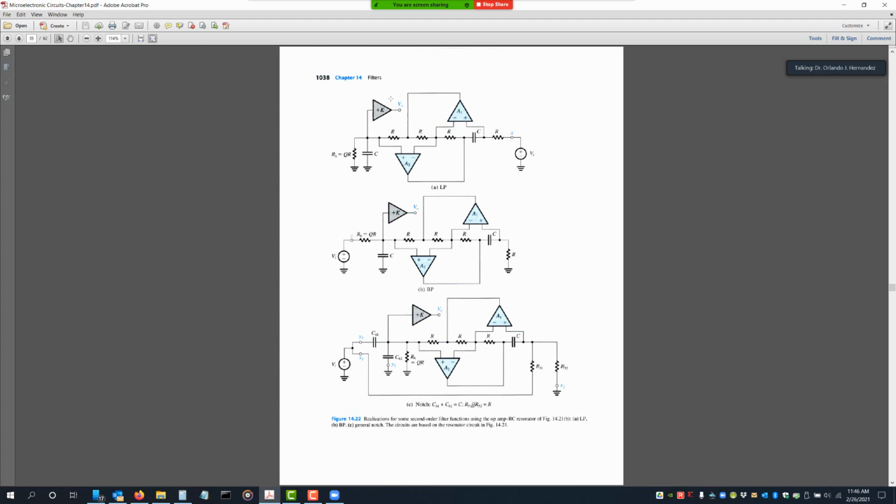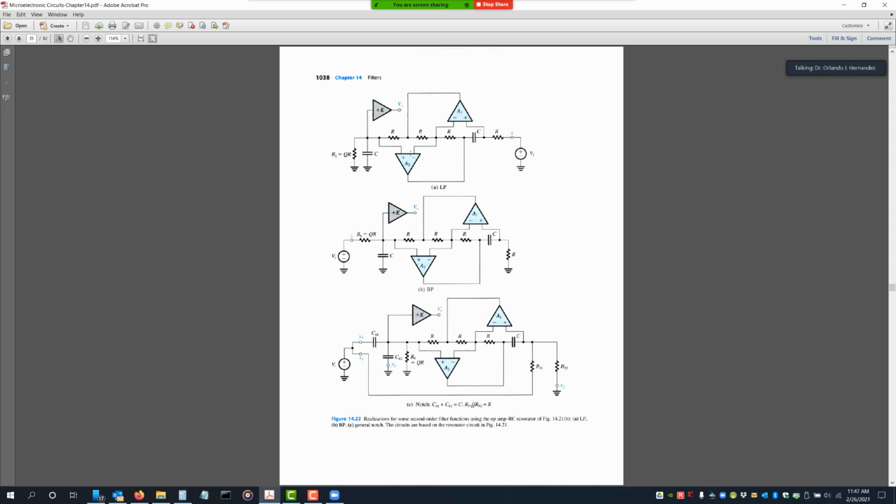That's trivial, but here we put the input over here, and essentially we are taking the output in here. That gives you a low pass.